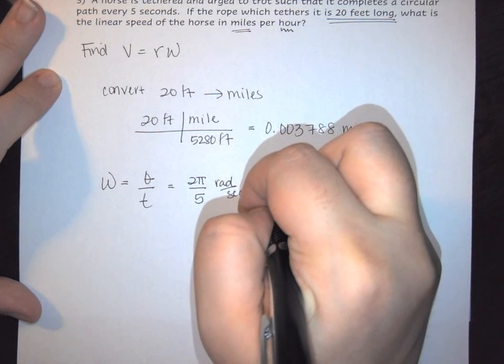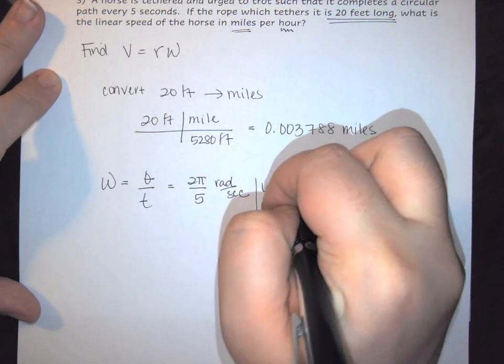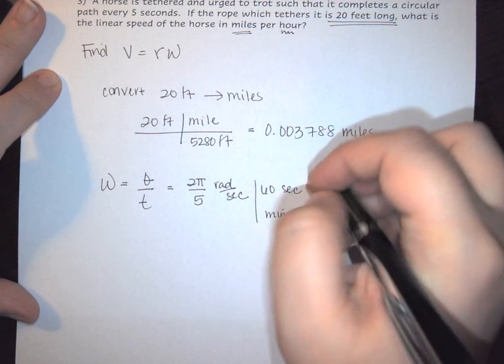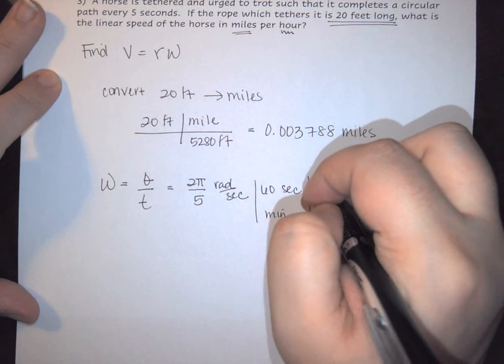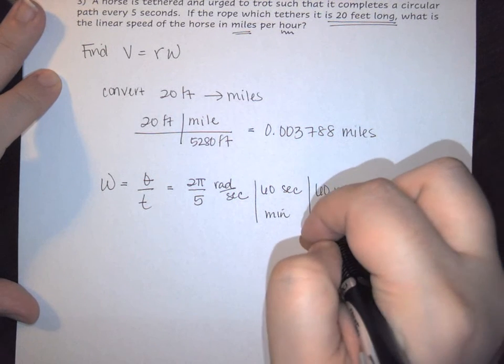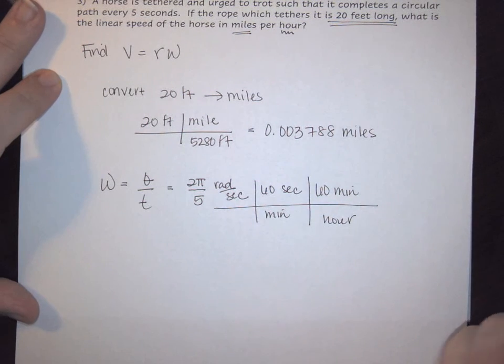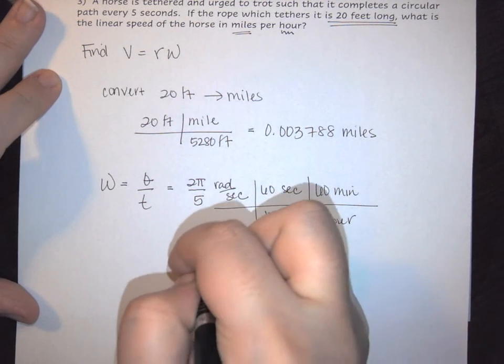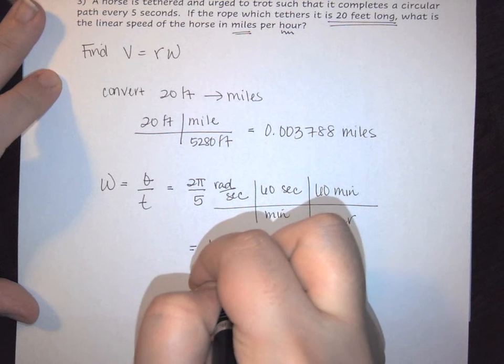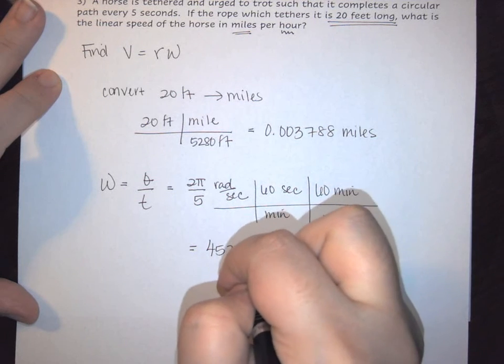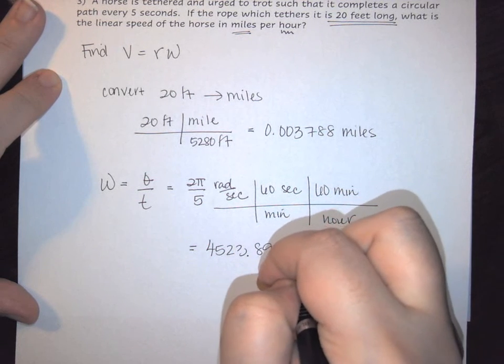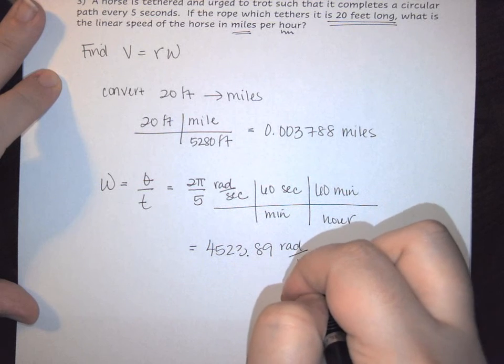So I know there are 60 seconds per minute, and I know that there are 60 minutes per hour. So in this case, we're going to end up with 4,523.89 radians per hour.